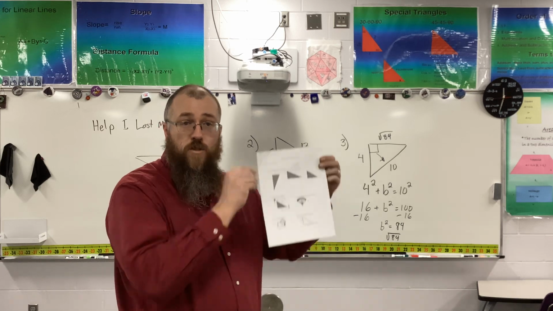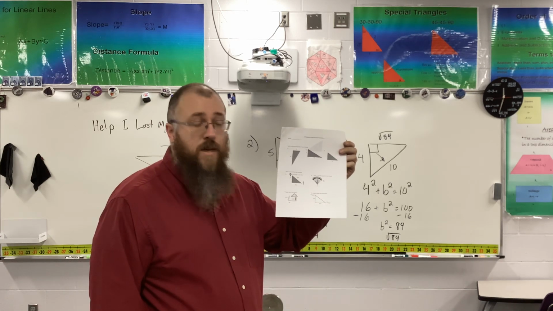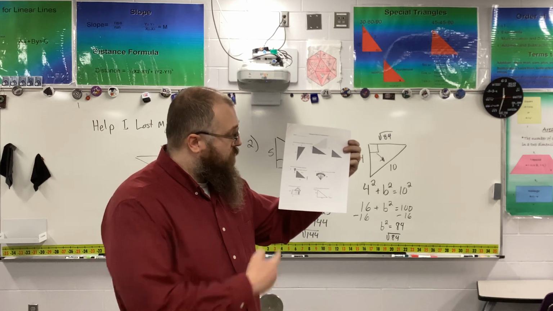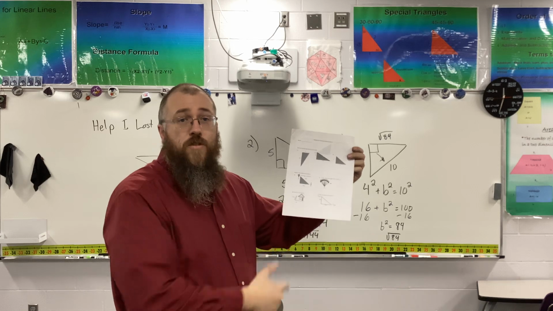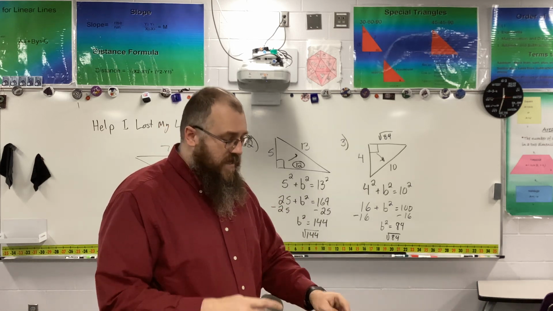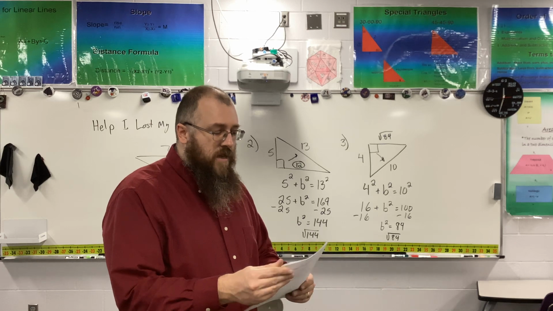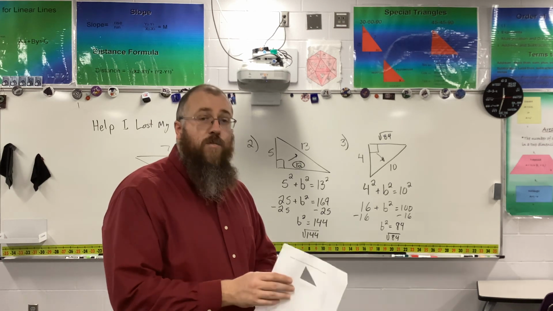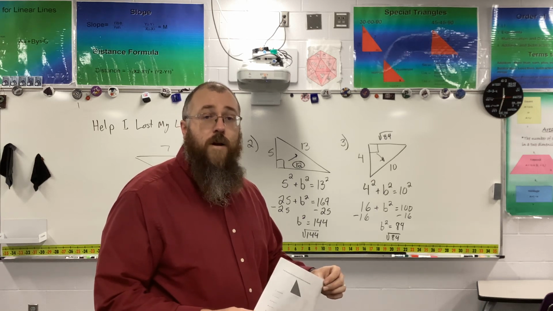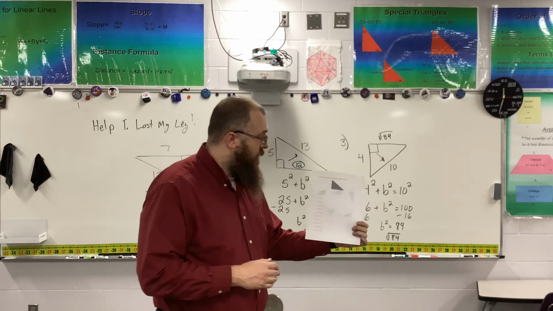So hopefully everybody's looking at their other packet now. Pause the video if you need to get the other packet out. But today on the other packet, we should be doing problems 4 and 6. Make sure that we've done anything that we haven't gotten done on this packet caught up, because we only have one more day of our Pythagorean unit before we are done with it.